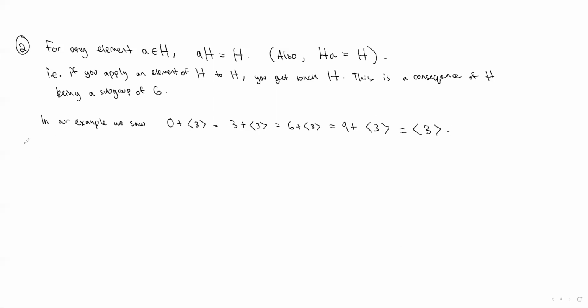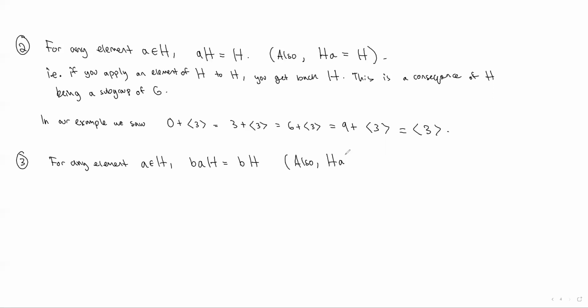And another thing we saw, which is actually a consequence of 2, is that for any element A in H, BAH equals BH. And even though we didn't cover this, it's true for basically the same reason. Anything that's true for left cosets has something analogous that's true for right cosets, because they're very similar objects.